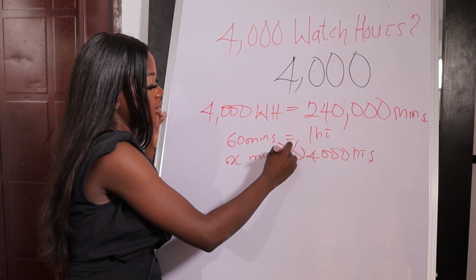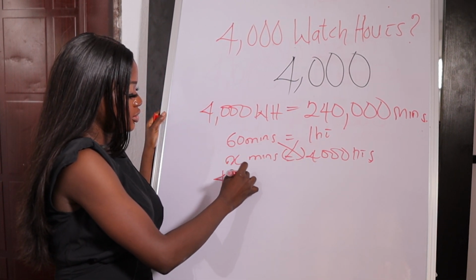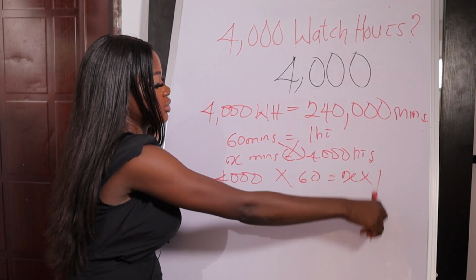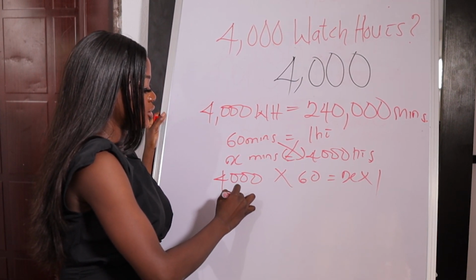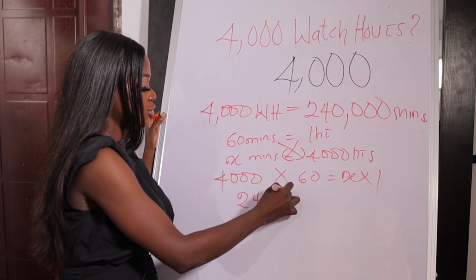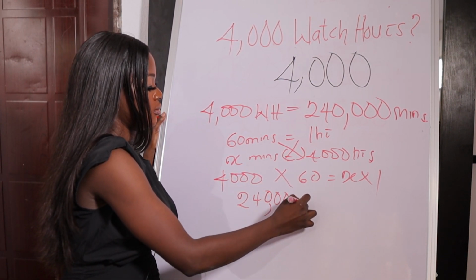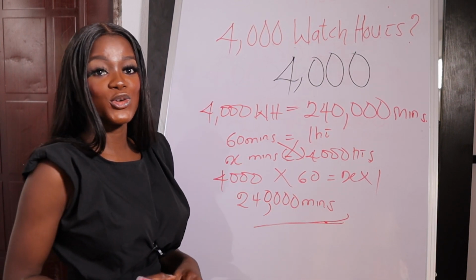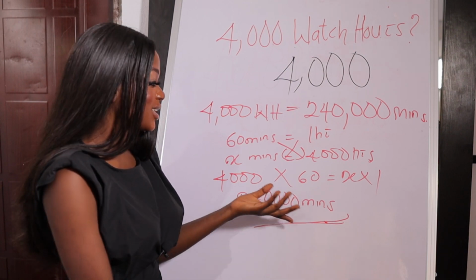Just cross multiply. 4,000 times 60 equals X times 1. This is 240,000 minutes. So you already know that you need 240,000 minutes.